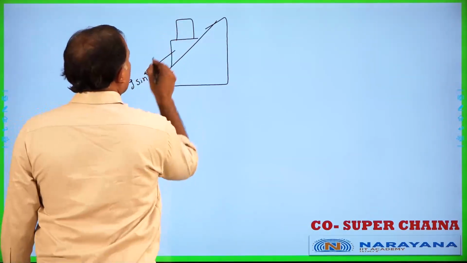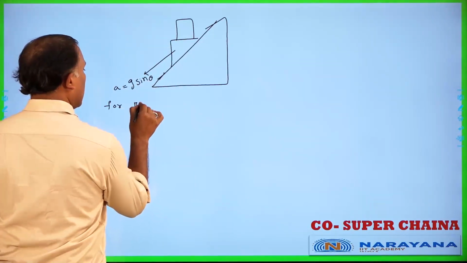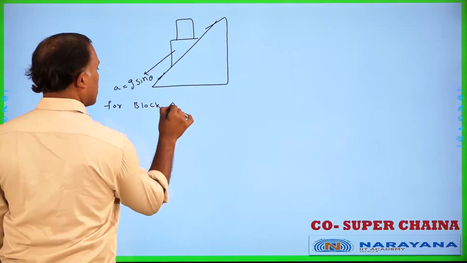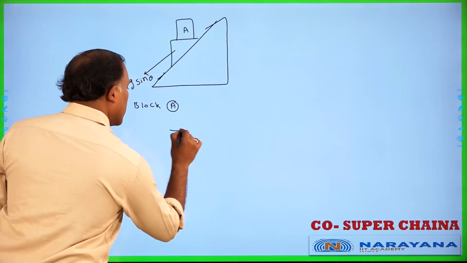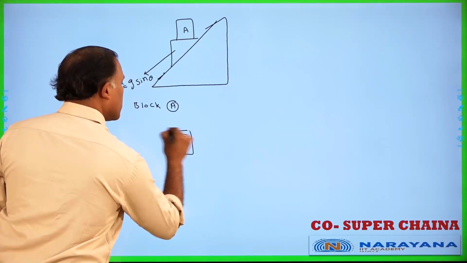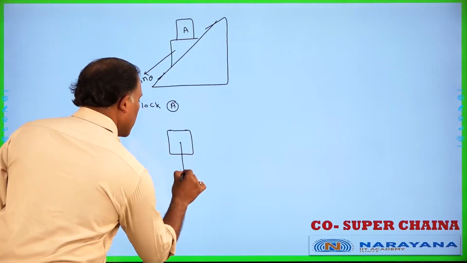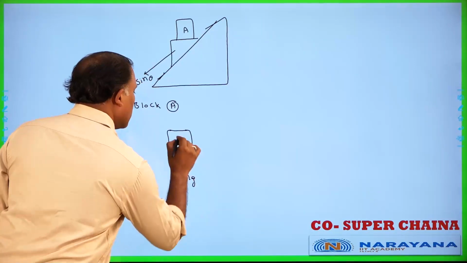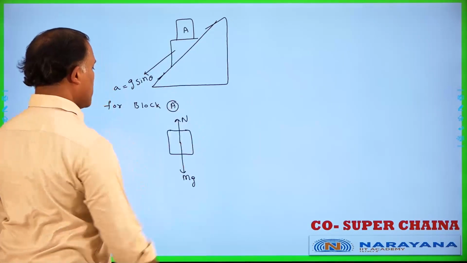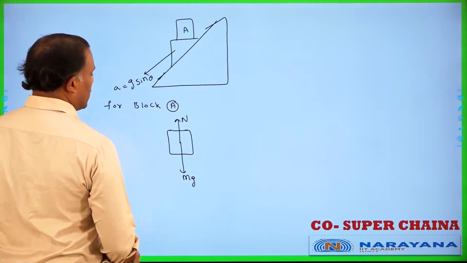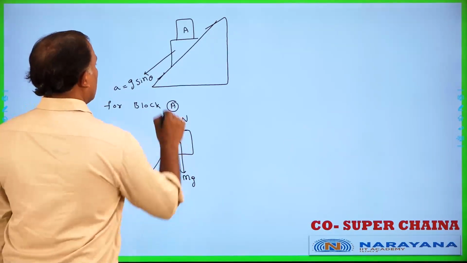So for block A, if I take, here its weight downward, mg, and here it is having normal reaction from B, N, and it is moving like this with an acceleration a, and this is theta.